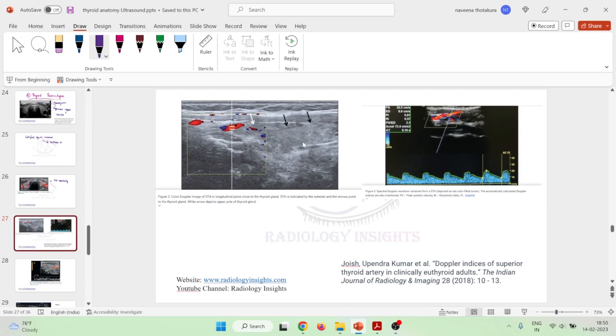Superior to the thyroid gland, you can see the superior thyroid artery. Putting on the waveform, the pulsatile velocity of the blood flowing through the superior thyroid artery can be assessed.